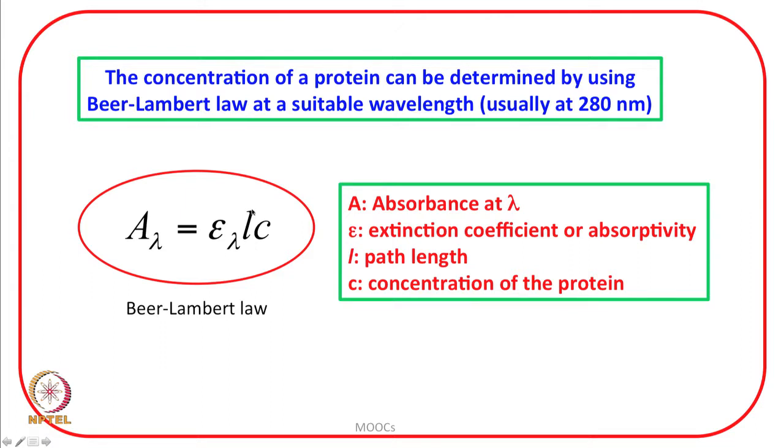L is the path length, which is usually the horizontal length of the cuvette that is used, and C is the concentration of the protein, and that is what we are interested in to begin with. So, after we know the concentration of the biological macromolecule very accurately, because eventually you are going to normalize your measured thermodynamic quantities to per mole, the determination of the concentration is very important.